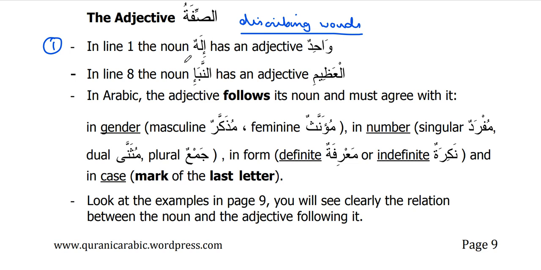The first is that if the noun is a nakira, then the adjective will also be nakira. So the first is definiteness. Let me see, where is definiteness here? Okay, here is the definiteness.